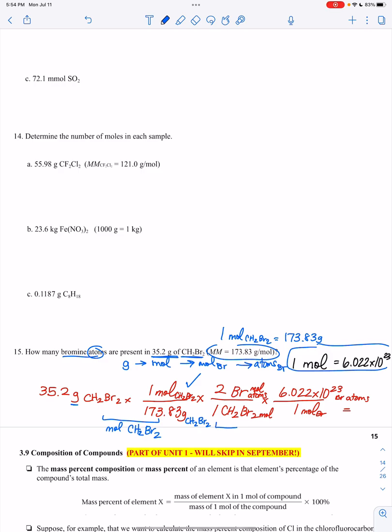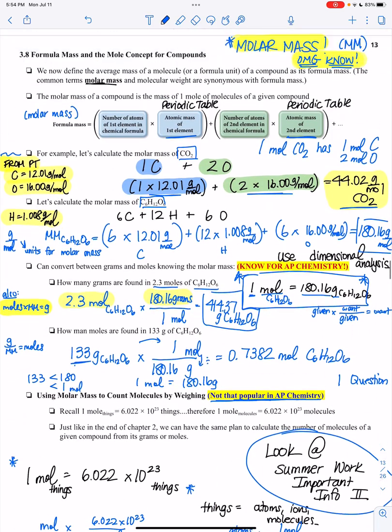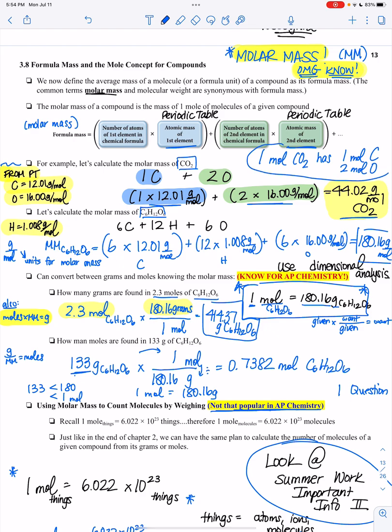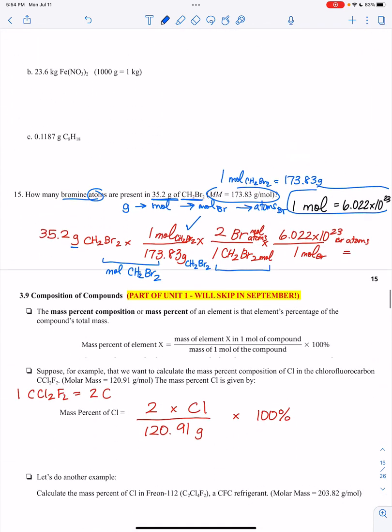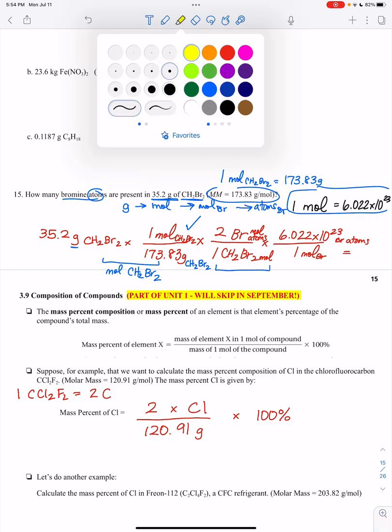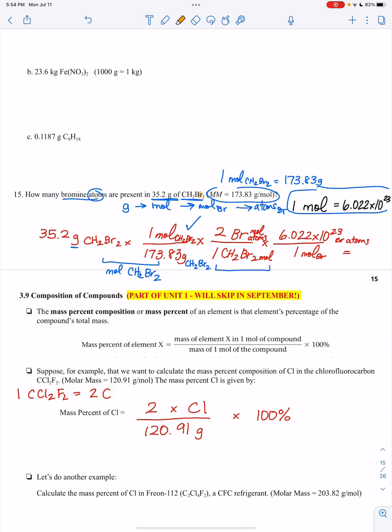And then we have to be careful about this next one. Think about what I wrote here. 2 moles of bromine atoms for every 1 mole of CH2Br2. I mentioned this earlier on the previous page. 1 mole of CO2 has 1 mole of C and 2 moles of O. Well, same idea here. If I look at my compound here, there are 2 bromines in this formula.